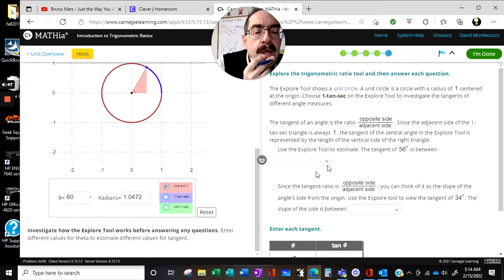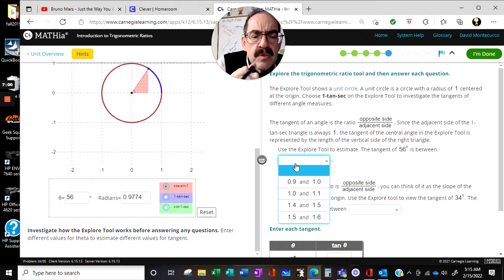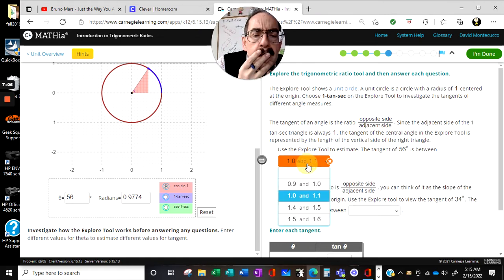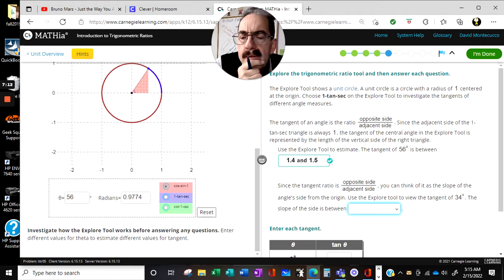Now use the Explorer tool, the tangent of 56 degrees. If we put in a 56, it's just a little past halfway. Really, opposite over adjacent.